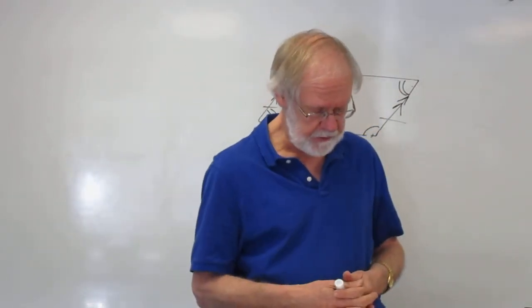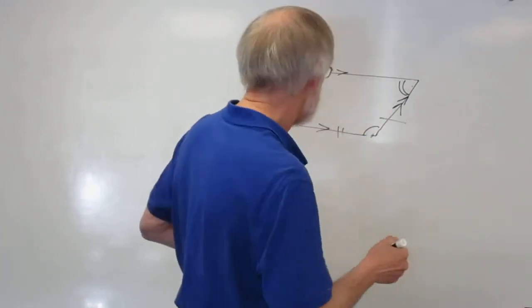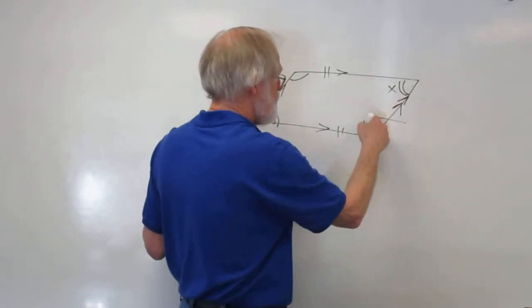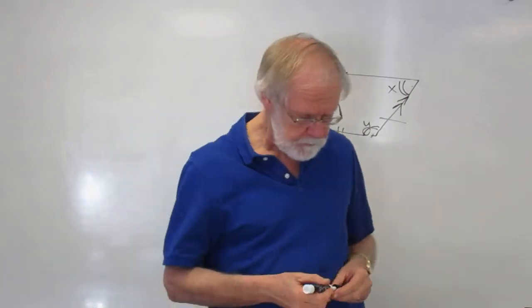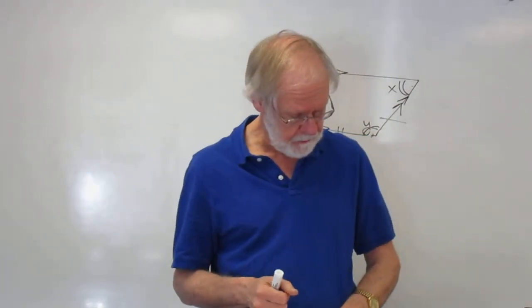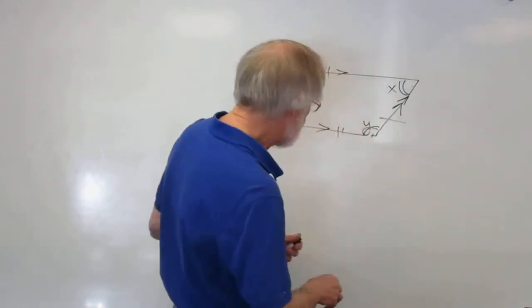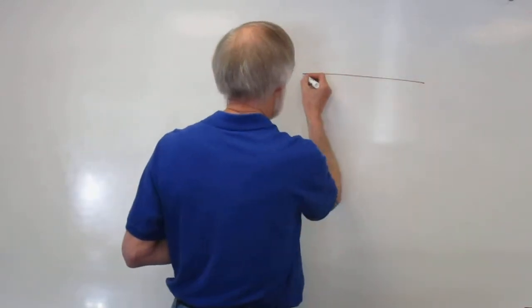If a quadrilateral is a parallelogram, then its consecutive angles are supplementary. That's what I said earlier. This was x, this was y. These two angles, consecutive, one after another, are supplementary. They add up to 180 degrees. And the fourth one here, because this is getting messy, I'm going to redraw it here.